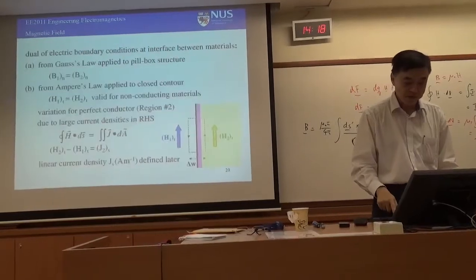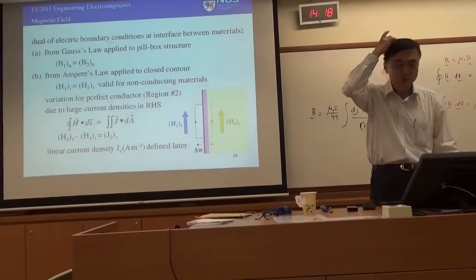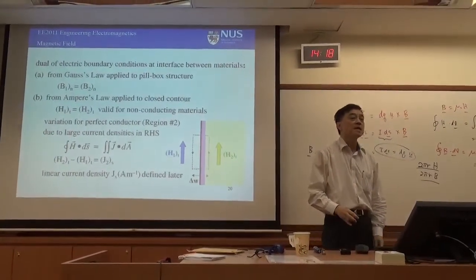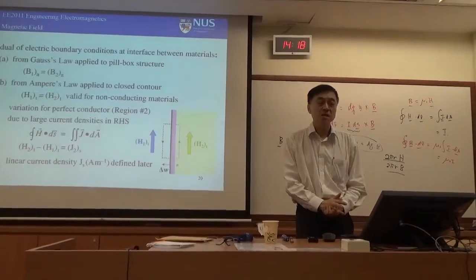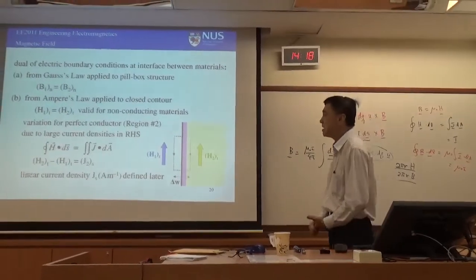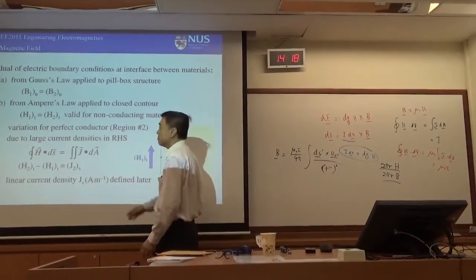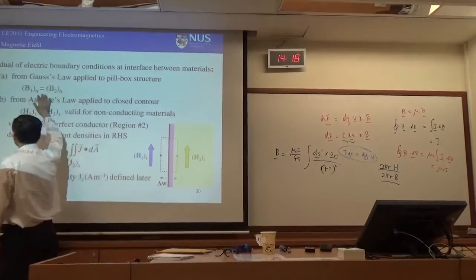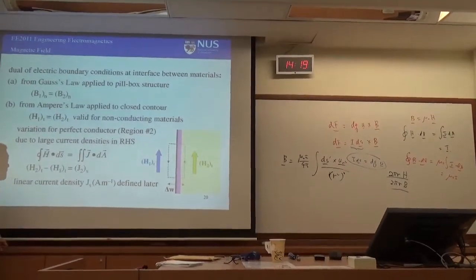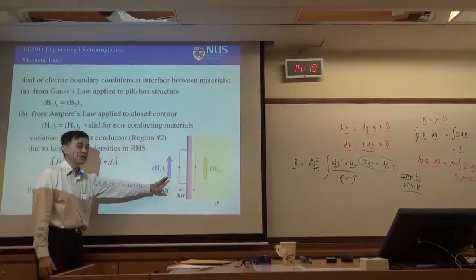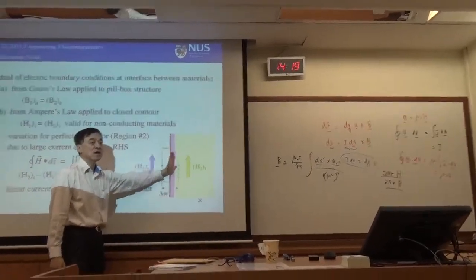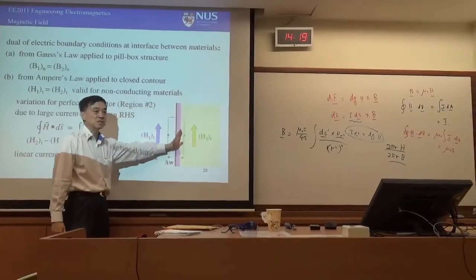All right, so this is B. Then we have the boundary conditions. We have Bn1 equal to Bn2, and we have Ht1 equal to Ht2 if there's no current flowing through the junction.